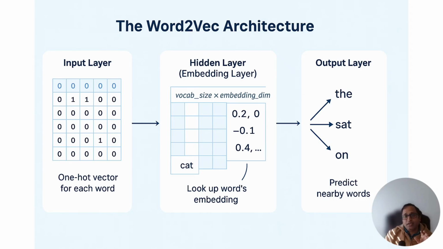The hidden layer passes that embedding to the output layer, which predicts which words are most likely to appear nearby. During training, errors are propagated backwards, adjusting the weights until similar words have similar vectors. After training, we discard the output layer and keep the hidden layer weights. Those are the embeddings we'll use for semantic similarity.